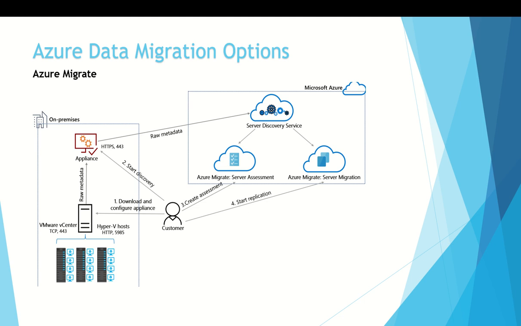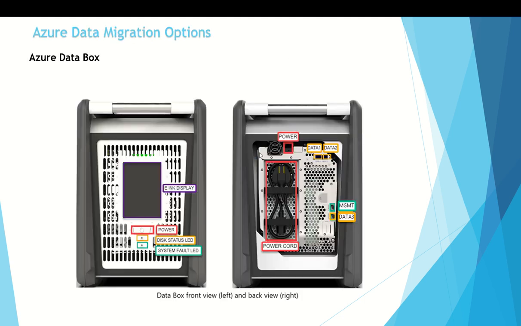Next comes Azure Data Box. For example, you have terabytes of data to migrate and you have challenges with the internet or something. In that case, Azure Data Box will help. Azure Data Box is a physical box. It looks like this, and we can borrow it from Azure.